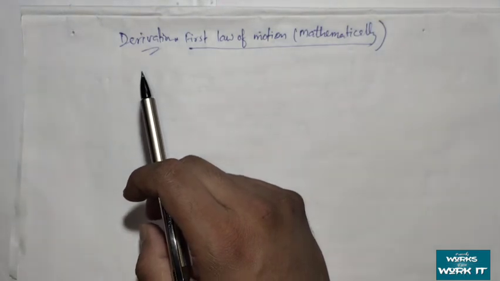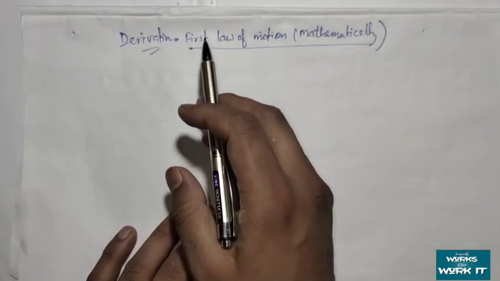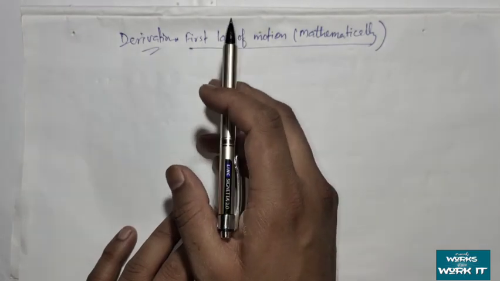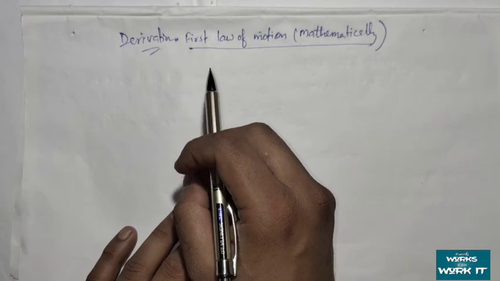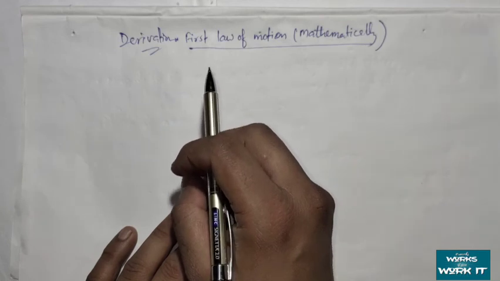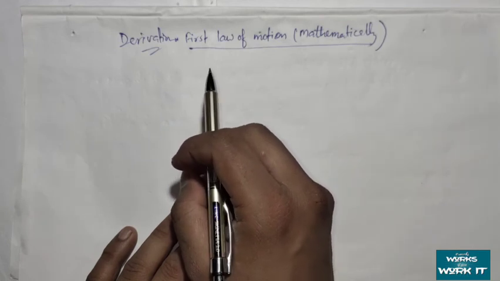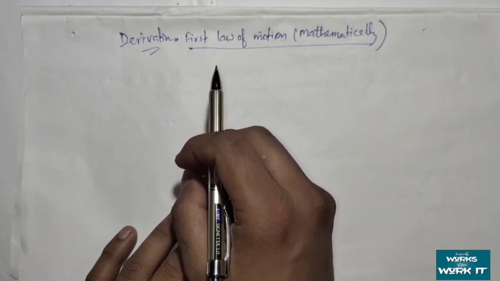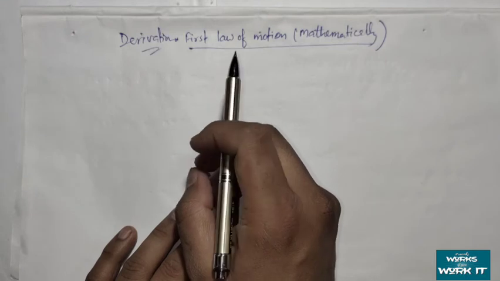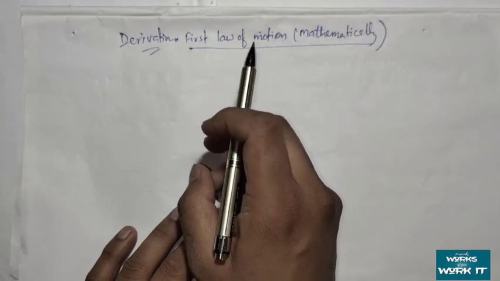That's why I derived the second law in the beginning, so that we can easily use the formula we got in the second law, and from there we will start our first law of motion.